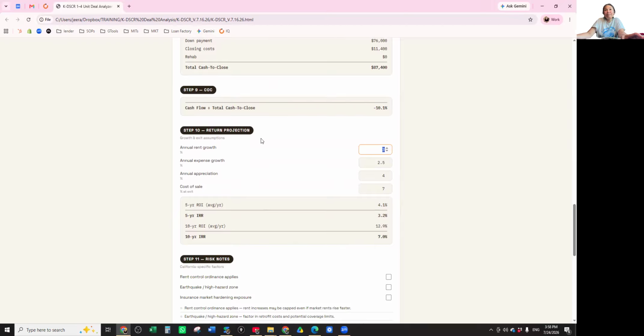So if you want to continue, this part is something that you should not be too optimistic about. Always be conservative in this part. For me, I put 1% rent growth, expense growth, annual appreciation.